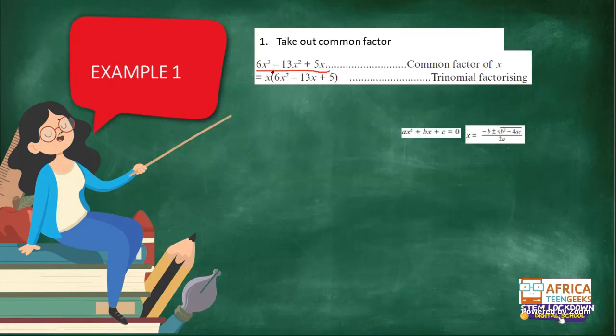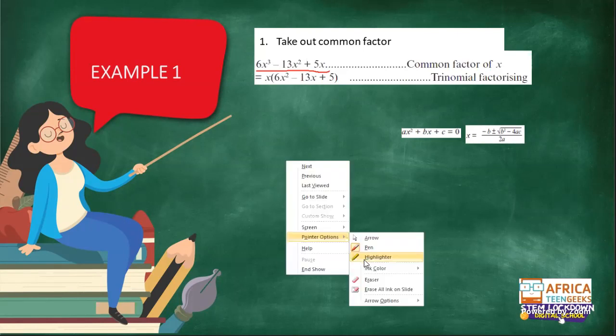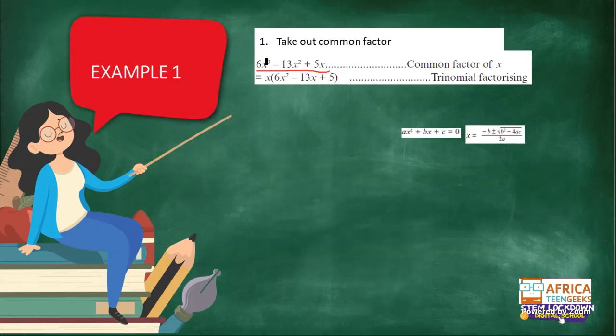And then it's a cubic function, and then you need to factorize. So we are just trying to find factors that, when we multiply, will take us back to this function. If you look in all the terms, you have x.